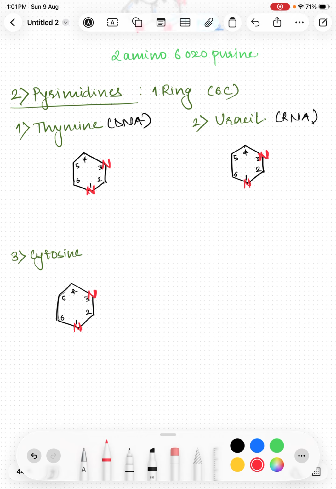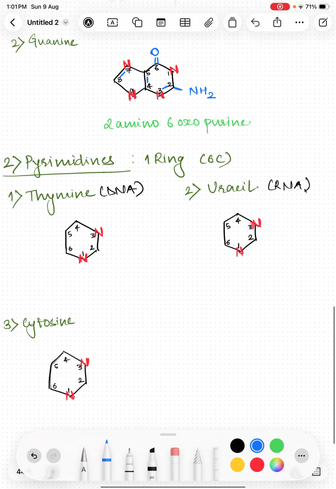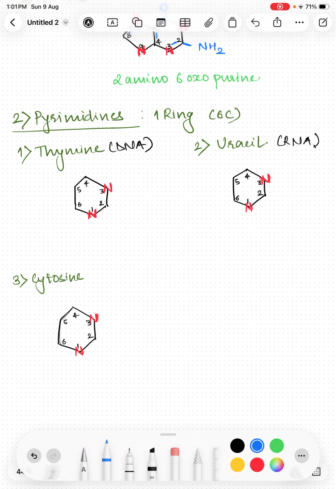So in pyrimidines, thymine contains an oxo group. So this is the oxo group. Uracil contains an oxo group at the 4th position, while cytosine at the 4th position contains an amino group.